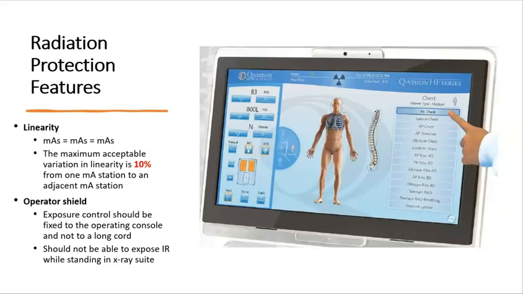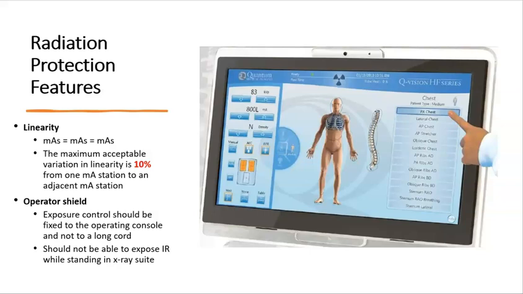There's another test that we do. It's called linearity. So mAs is mAs is mAs. The maximum acceptable variation in linearity is 10% from one mA station to the adjacent mA station. So what do they mean by mA station? So our mA stations are 25, 50, 100, 125, 150, 200.